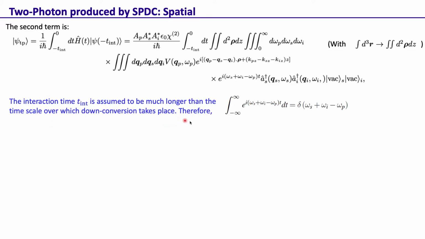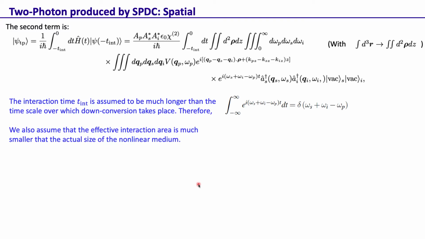We had done this earlier as well, and as a result this integral of e to the i omega s plus omega i minus omega p times t, over dt, can be written as this Dirac delta function.